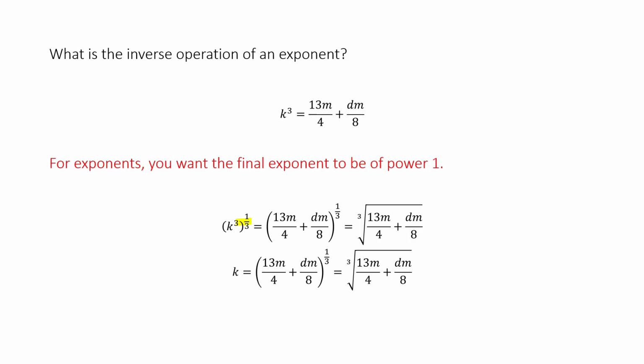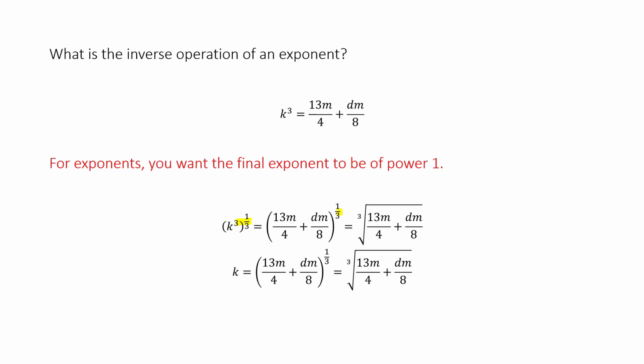But if I do that on the left side, I have to do that on the right side. So you can see that the right side also has an exponent 1 over 3, right? The exponent 1 over 3 can also be expressed as the cube root of whatever is inside. But once that is done, the exponent is 1 and I have k all by itself.